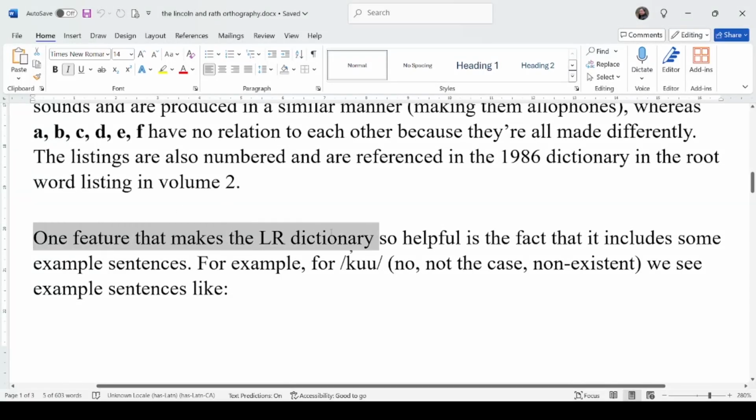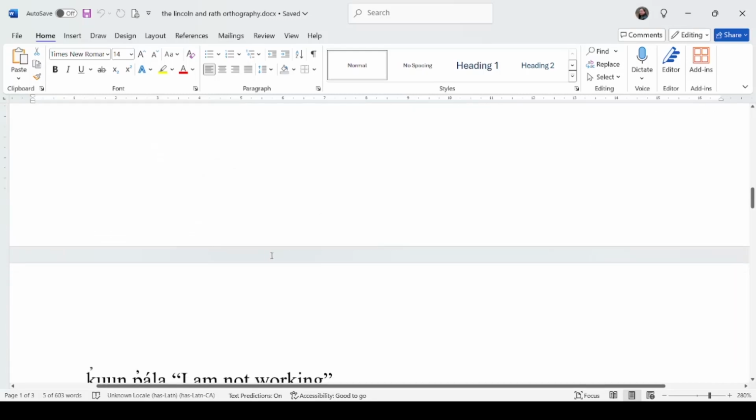One feature that makes the Lincoln Rath dictionary so helpful is the fact that it includes some example sentences. So for example, for Q, which means no or not the case or non-existent, we see sentences like this.